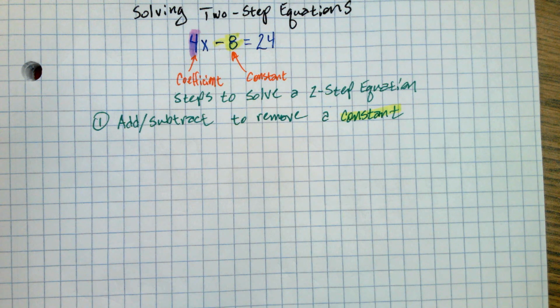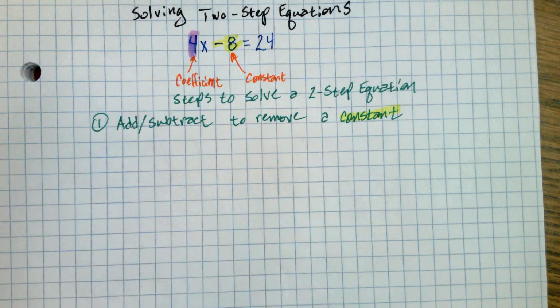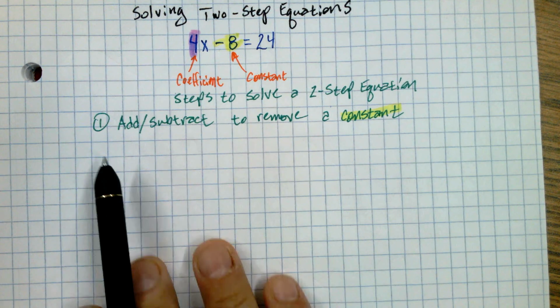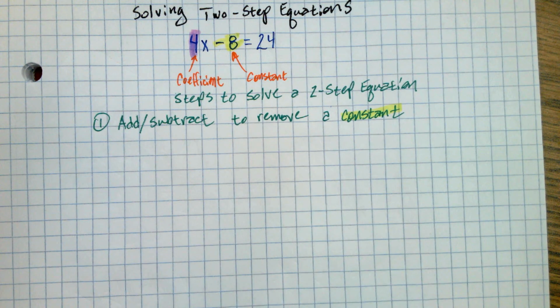Think of it this way. We know PEMDAS, right? Order of operations. And normally adding and subtracting has the least priority. It's done last. We're undoing basically PEMDAS when we're solving equations. So we're working at it in reverse. So the first thing we want to do is add or subtract, unless there's some sort of grouping symbol. And we'll get into that tomorrow. But this is going to work for all of today's equations.